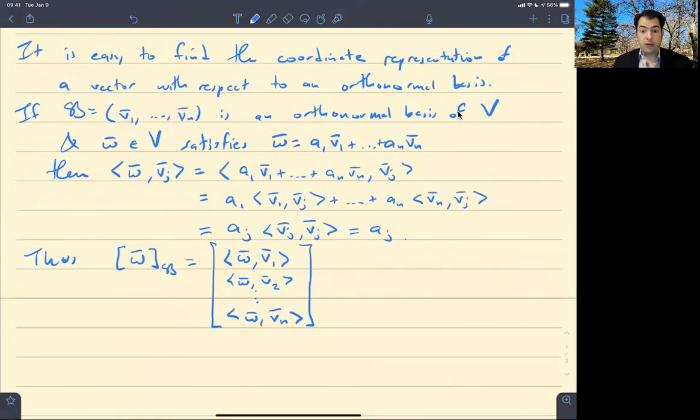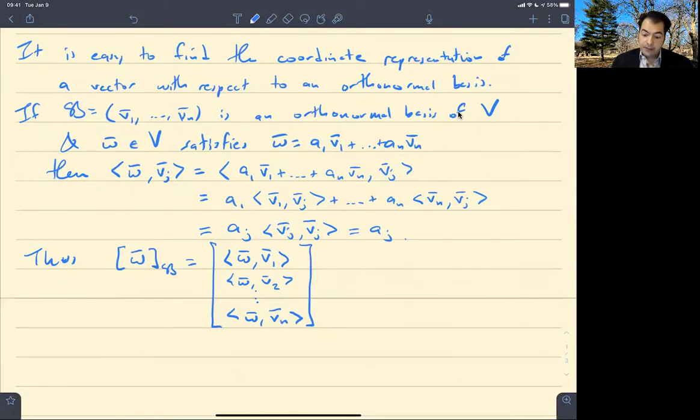So much simpler than if you had an arbitrary basis with no orthogonality condition. You don't have to solve any system of equations or anything. You just take these inner products and you find the coordinates one at a time, straight away.